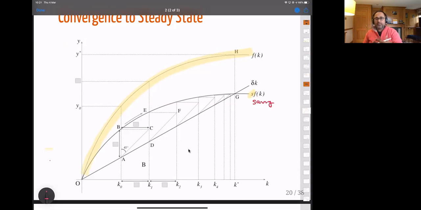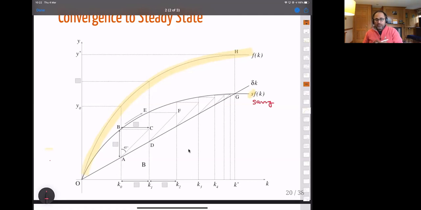It's the output of the economy multiplied by the saving rate. In this case, we're taking the saving rate as 40%. The yellow line is the line of the output: you give me the capital stock, I can tell you how much output is being produced in the economy. The saving line is just a reflection of that, but it's been pulled down.